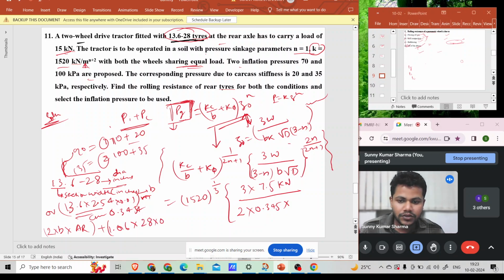We have to multiply it with 0.0254 to convert it into meter. Aspect ratio, if it is not given, you can always take 0.75. 2 into this section width, that is 34.5 in centimeter and 0.34 in meter.